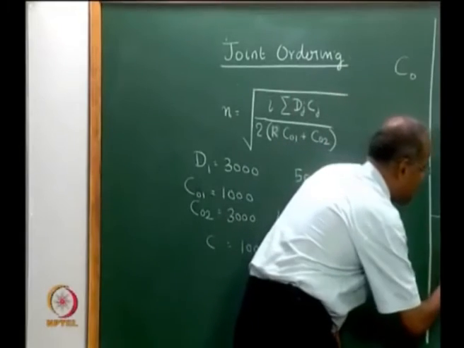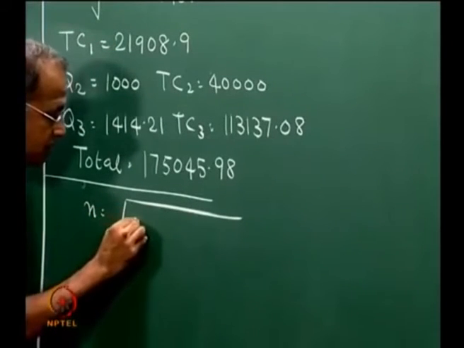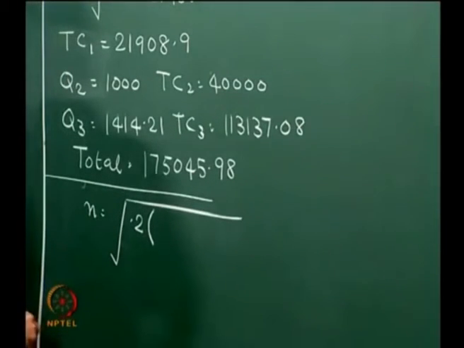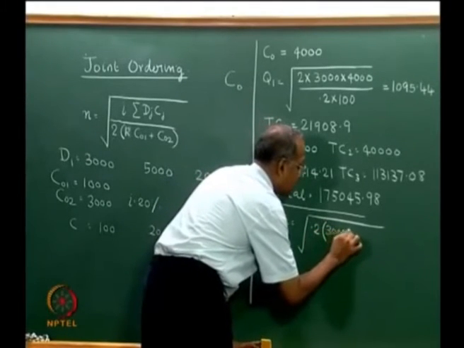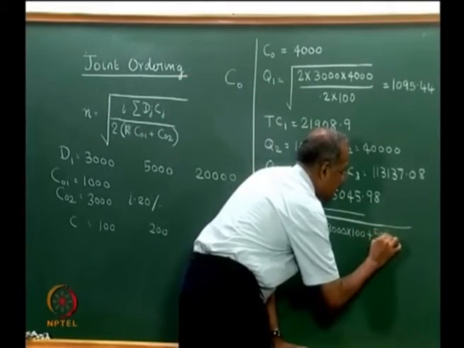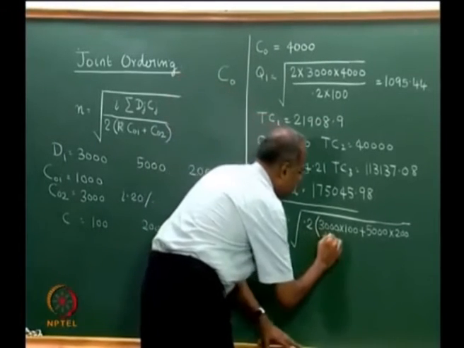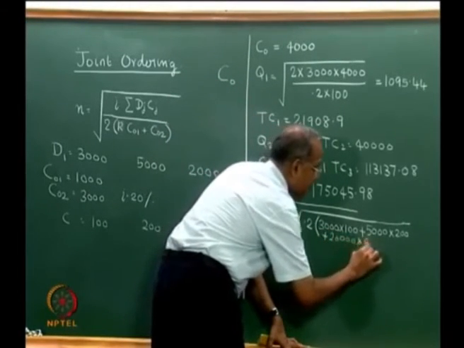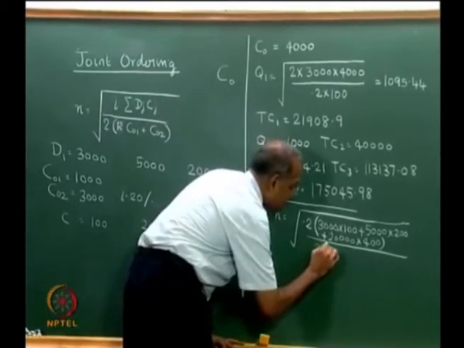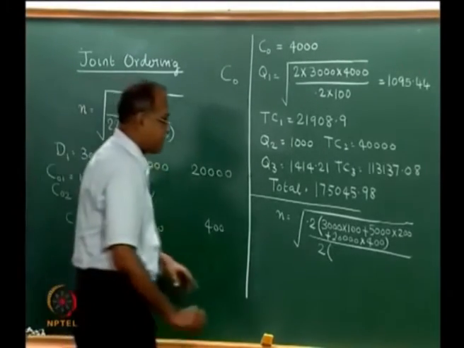We compute n to be equal to root of I, which is 0.2, into D1 C1 plus D2 C2 plus D3 C3, that is 3000 into 100 plus 5000 into 200 plus 20,000 into 400, divided by 2 times 3 into C01, which is 3 into 1000, 3000, plus another 3000.